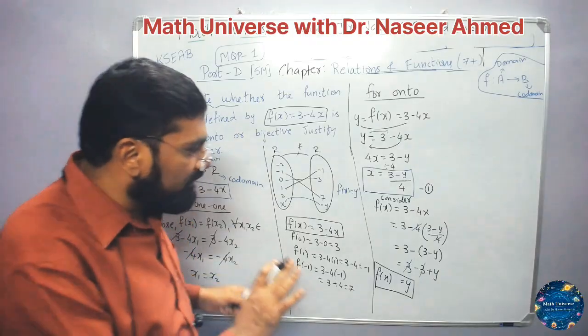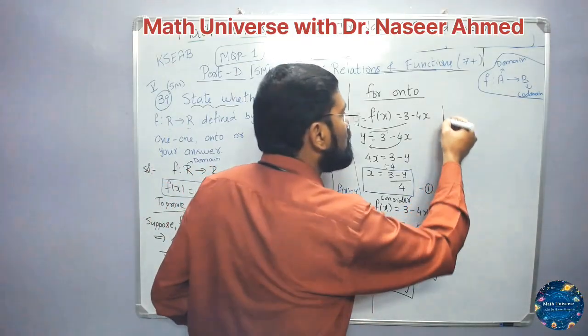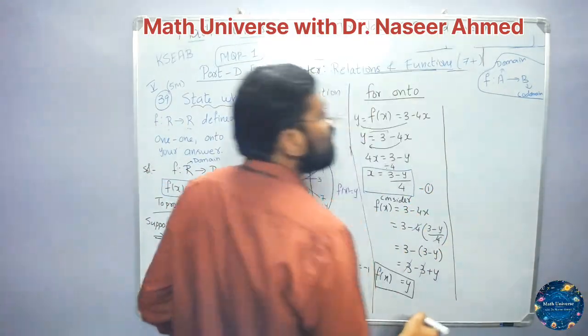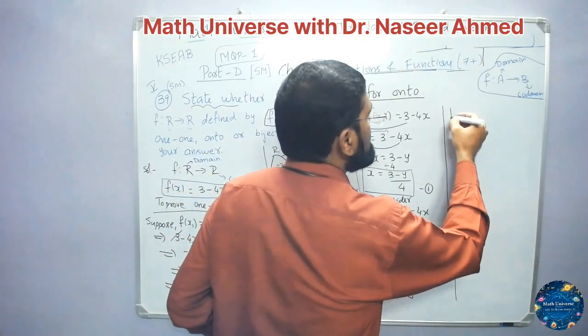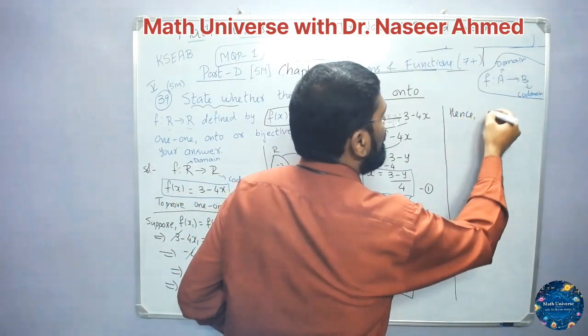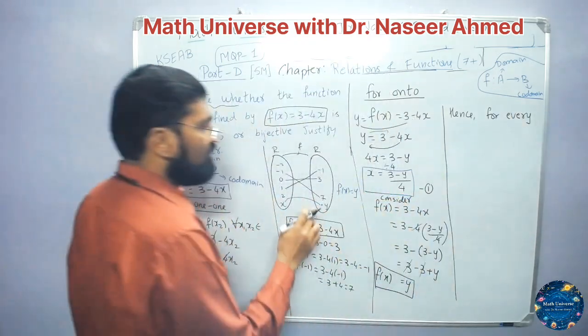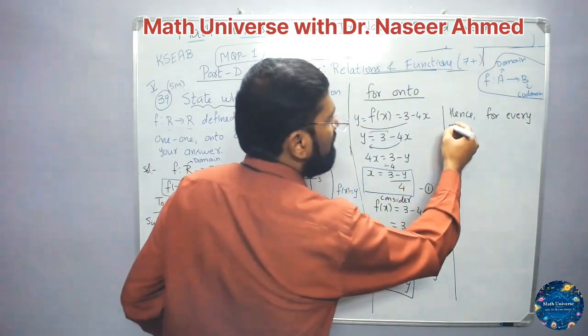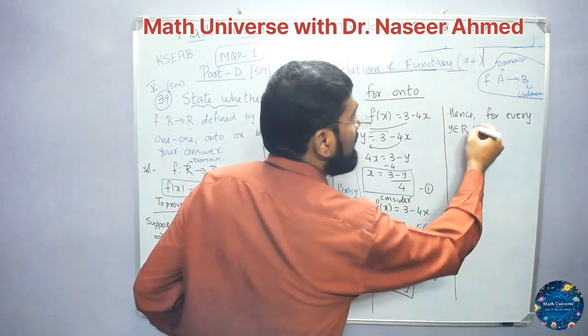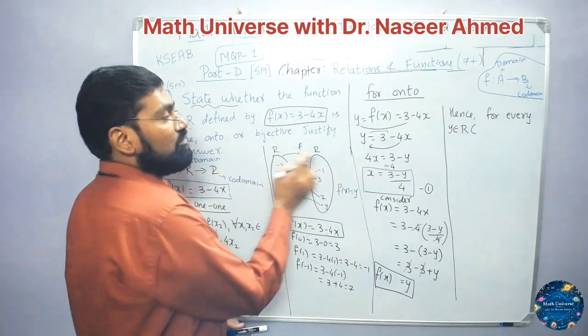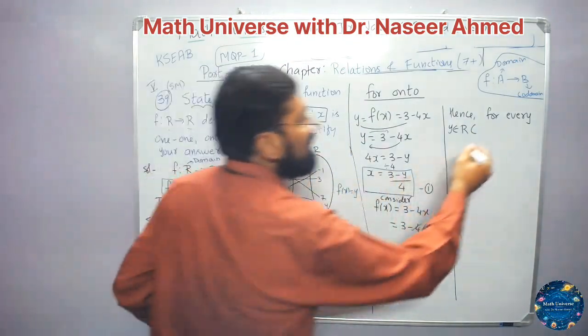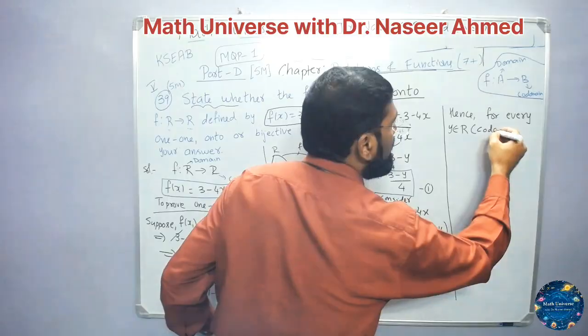Okay, now when I'm going to conclude, in conclusion we will write the definition of onto. How are you going to write? Hence, for every y belong to R. Which R is it? On both sides we have R, domain and codomain. Here we are talking about codomain.